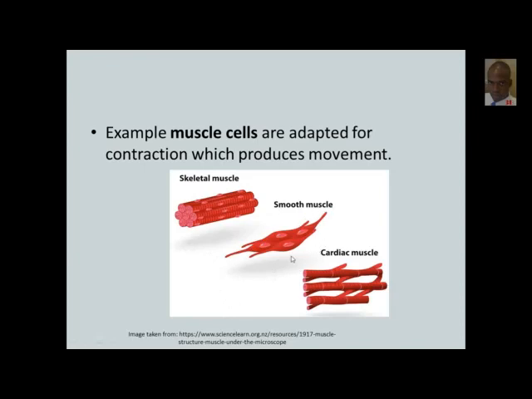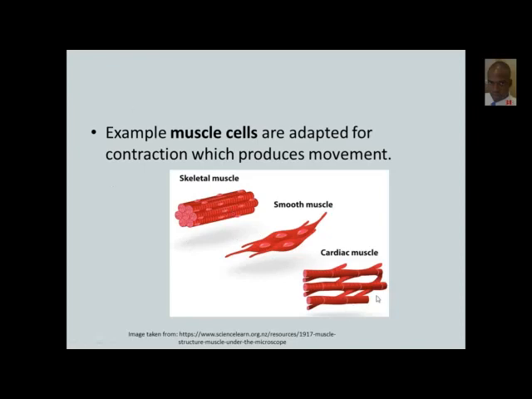Skeletal muscles are those muscles that are attached to your skeletal system, your bones. So the muscles like your biceps, your triceps, your quadriceps, your thigh muscle, your femoral muscle, and all of those muscles in your legs, arms, shoulders, and back. Those are the skeletal muscles.